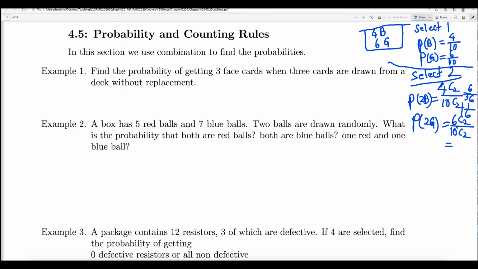And then if you do that, you will get, I think, 15 over 36. Is that 36? I'm not sure.